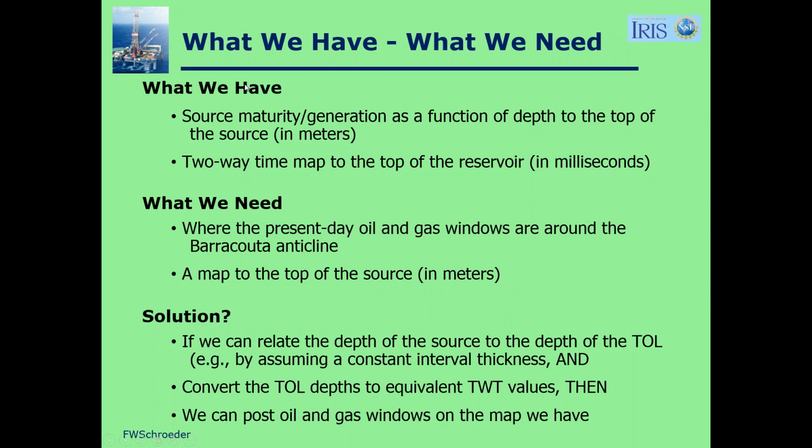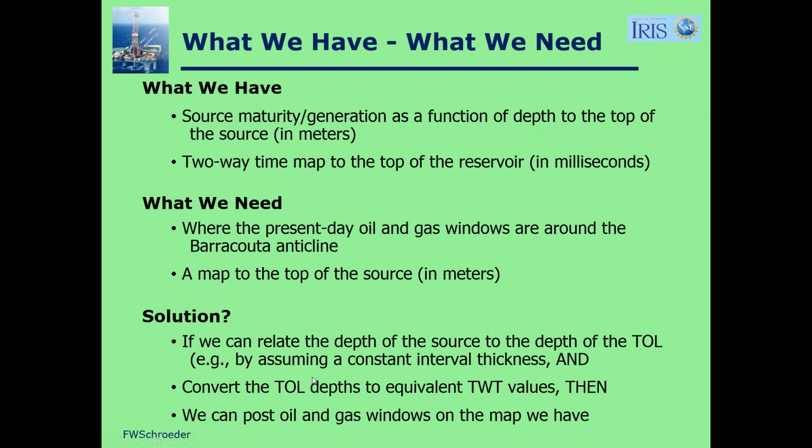So how do we get from where we are to what we need? A solution, if we can relate the depth of the source to the depth of the top of Latrobe unconformity, which we have a time map for, would be the first step. And perhaps we could assume that there's a constant thickness between the top of the Latrobe and the top of the source.